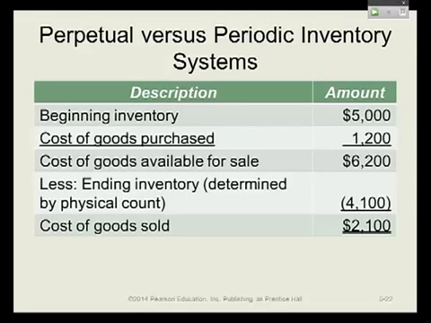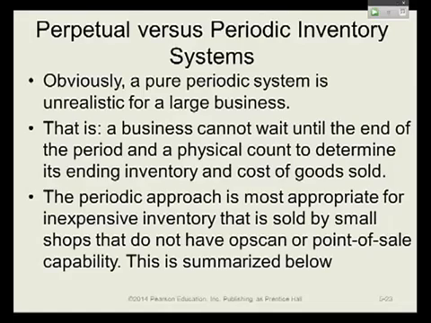the pure periodic system is quite impractical because you really can't wait until the end of the period to come up with this information, because you need to manage your inventory on a day-to-day basis. We'll find out later in the next chapter that the periodic inventory system is going to help us quite a bit understand the inventory valuation and how to allocate the cost of the inventory to the units that you have on hand.